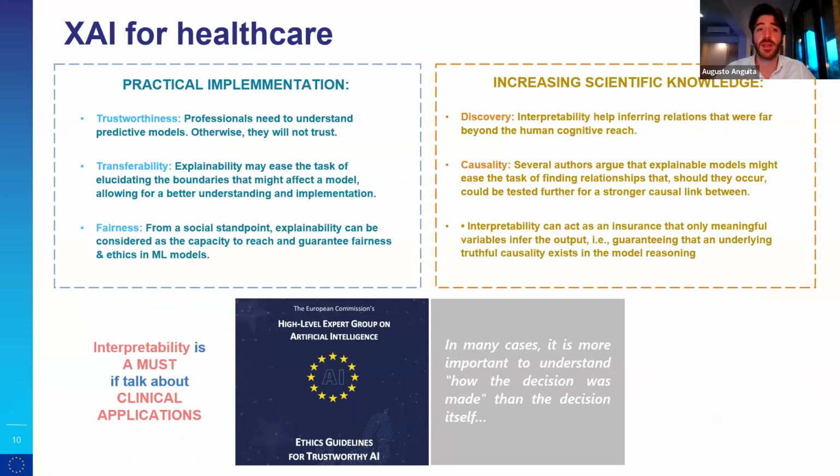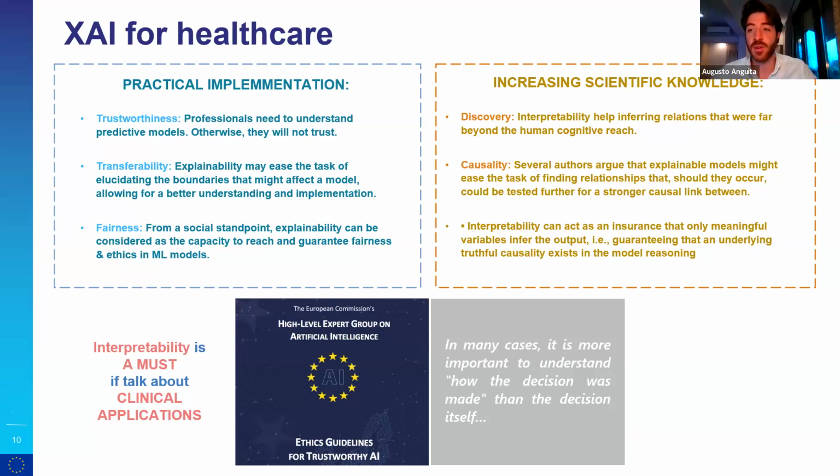Well, as we said, for practical implementation, if we create these models, we need them to be trustworthy. And professionals are not going to trust a model if they cannot understand why it's taking those decisions. Also about transferability: we need to know very well the mechanism and the boundaries of a model to see if it can be applied to a different scenario or a different situation.